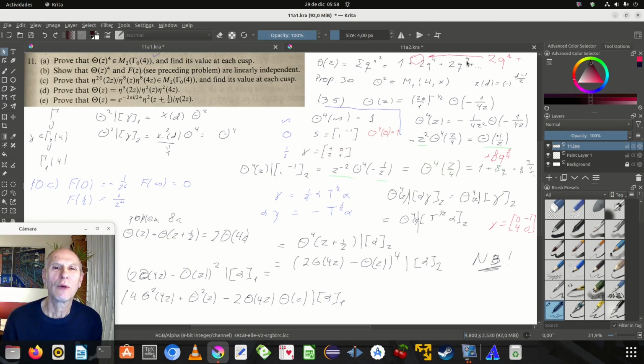And I thought, well, that seems like we have some difference with theta of 2z. And then I checked the previous problems and realized that in problem 8a, we proved this formula. So it was actually theta of 4z. Probably having to do with the squares here. Well, so we apply this.